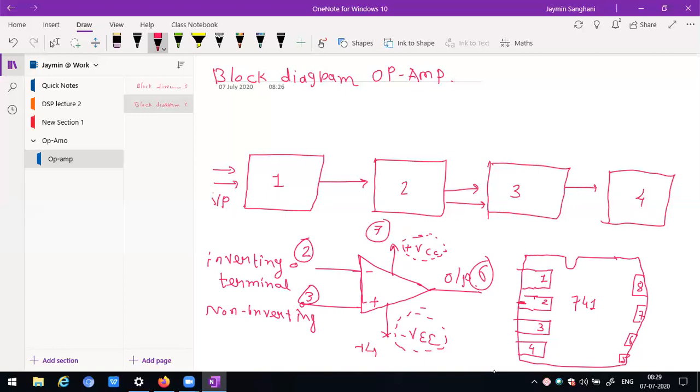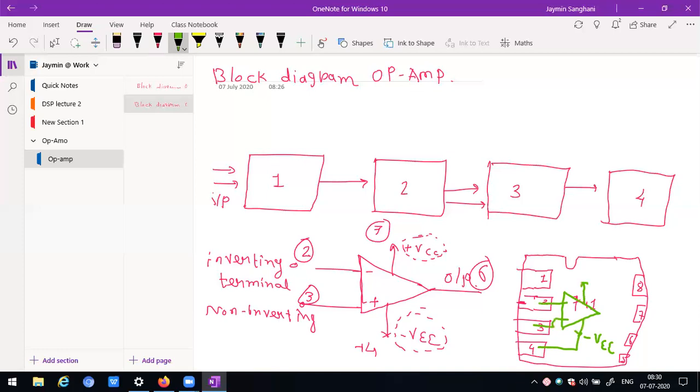So here, if I have sketched the diagram with different pins, see this. Here pin number 2, here pin number 3, here pin number 4, which is minus VEE.